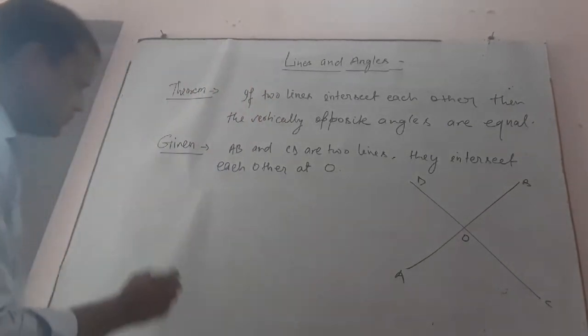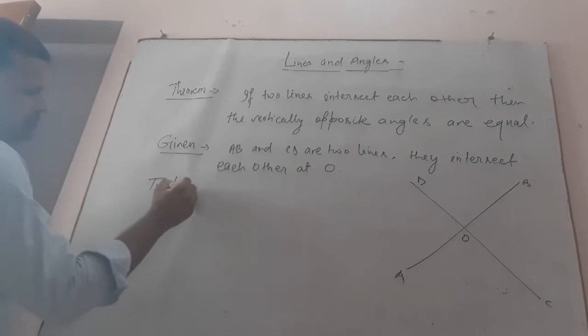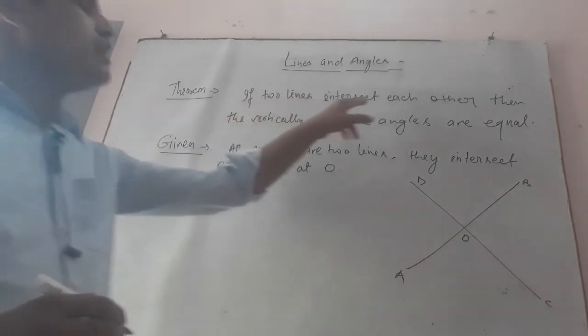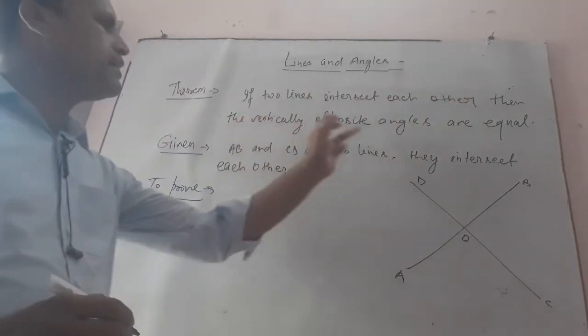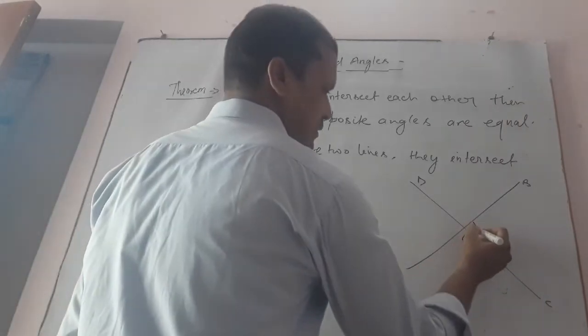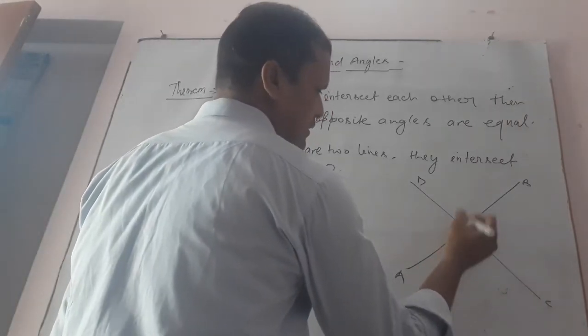To prove that, if two lines intersect each other, then the vertically opposite angles are equal. What do we have to prove? This and this are equal.